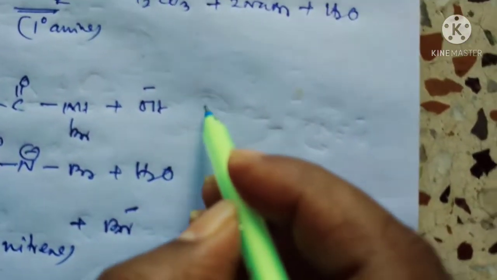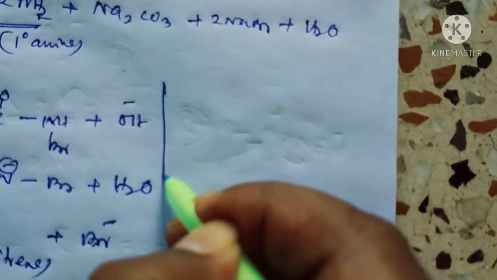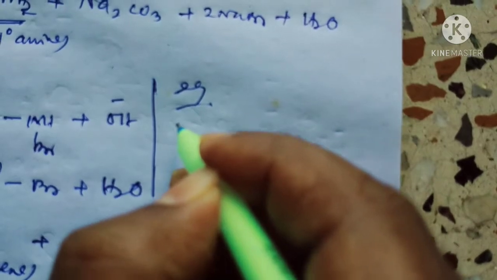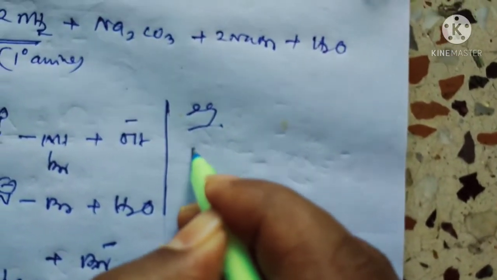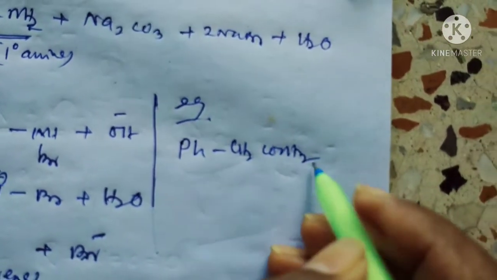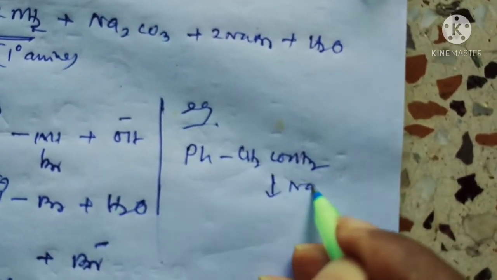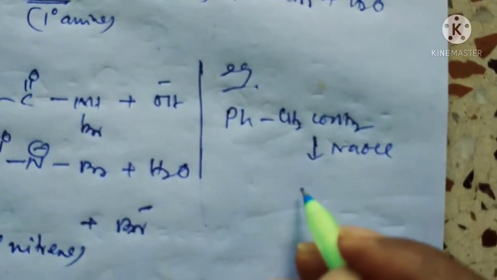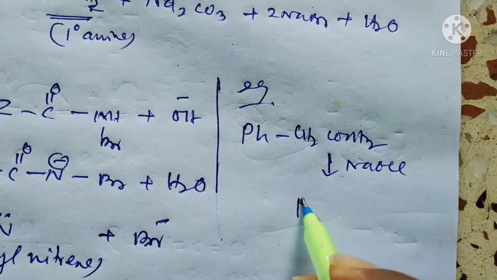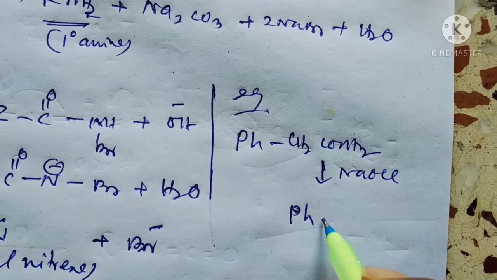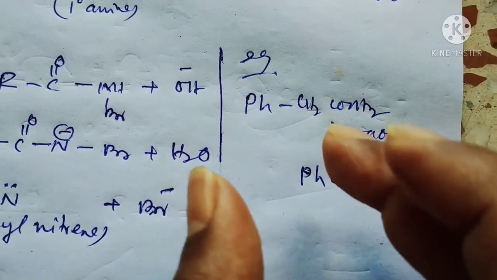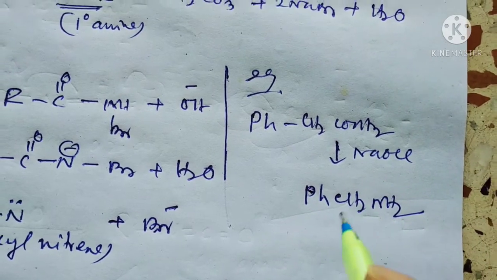For example, say phenyl acetamide in presence of NaOCl forms benzylamine, from phenyl acetamide to benzylamine.